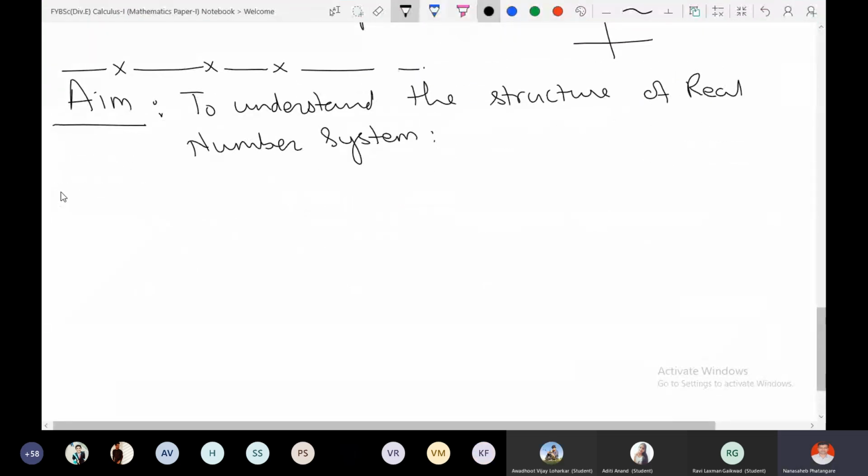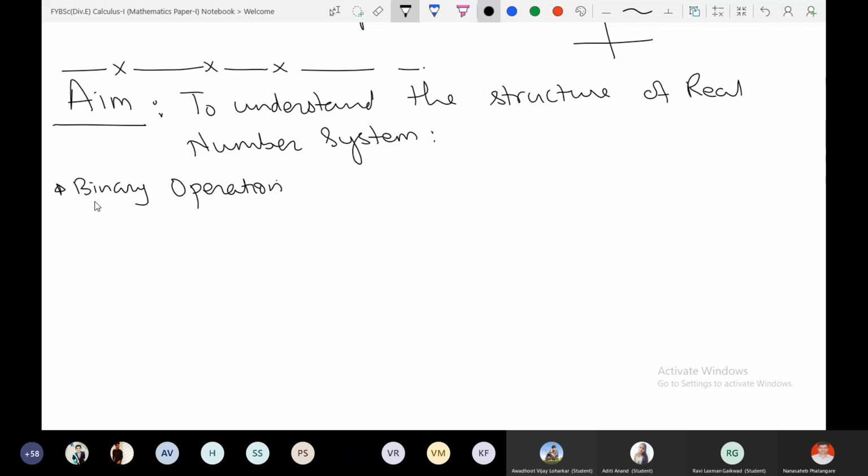In this process, my first step is binary operation. Suppose A is a set. Then all of you know the definition of a function.